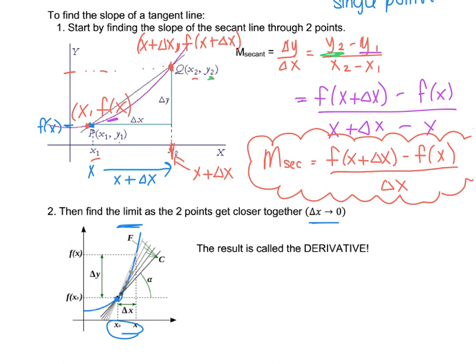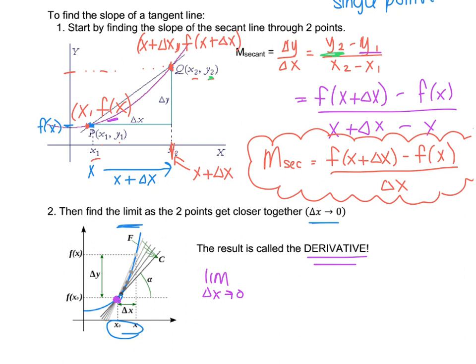So we've got a single point on our curve, and the result of the limit will be the slope of that tangent line, because as the 2 points move together and form just the single point, we've got the tangent line. So this is the definition of a derivative. That's the result of taking the limit as delta x approaches 0 of the slope of the secant line.